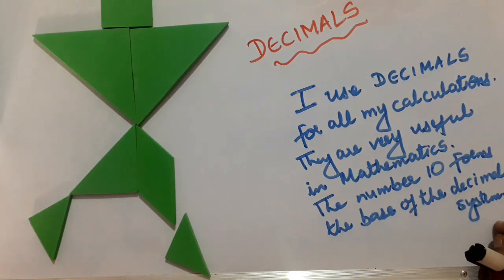You have already learnt about fractions. A decimal is a kind of fraction whose denominator is either 10, 100, 1000, 10,000, etc. That is a power of 10.